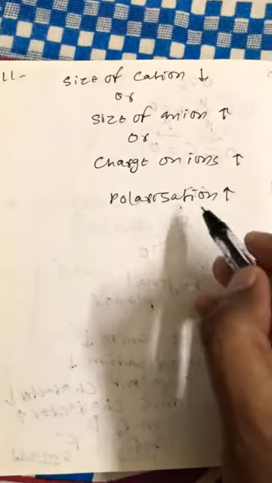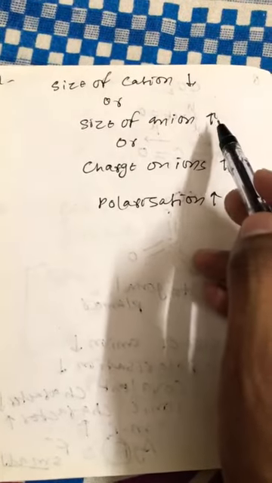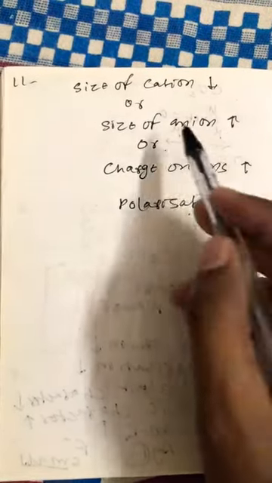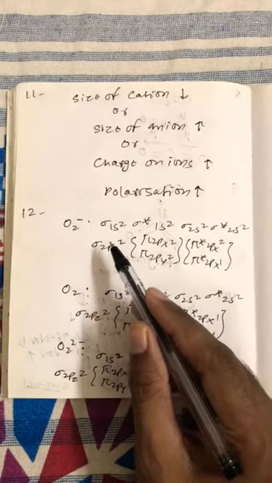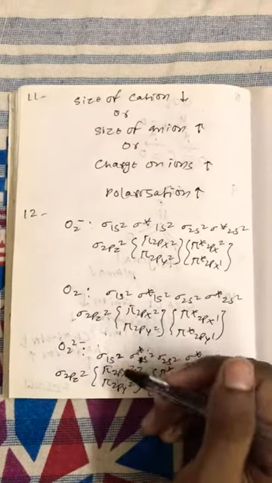So for greater polarization, size of anion should be high, size of cation should be low, and charge on ion should be high.